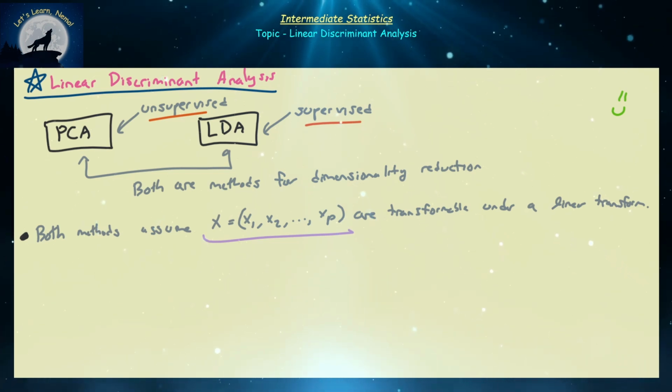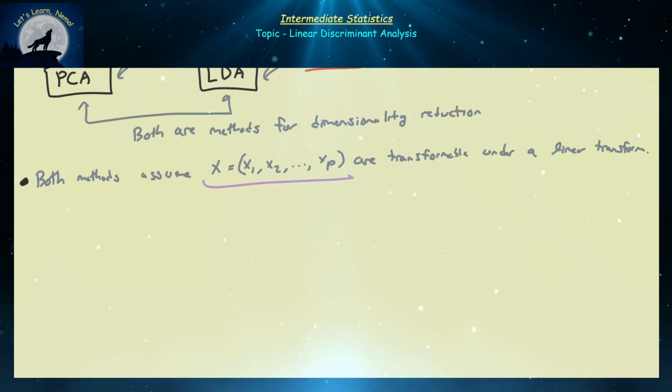Then LDA and PCA would be appropriate. So they can be viewed as parametric dimensionality reduction algorithms to some degree. All right, so those are the first things that you definitely need to understand.